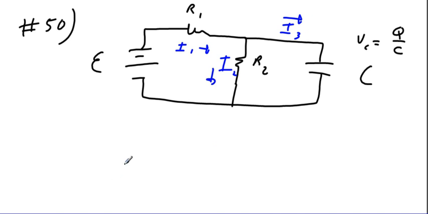So looking at this node, current 1 is equal to current 2 plus current 3.